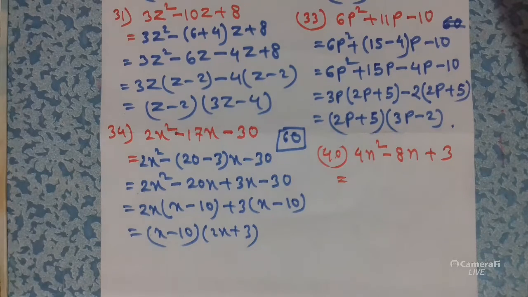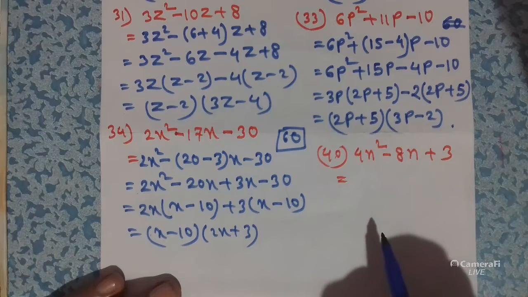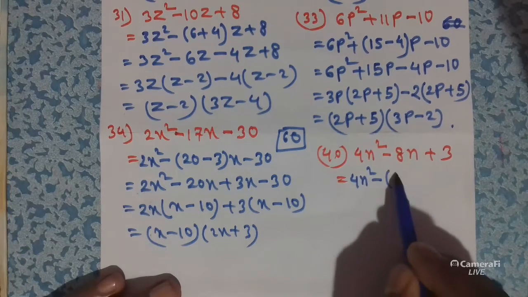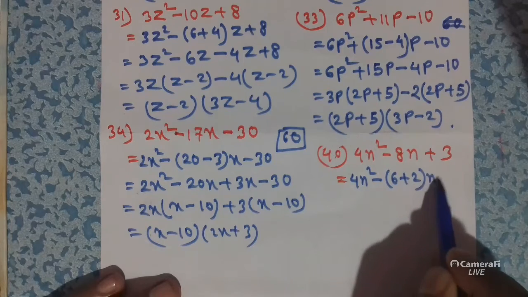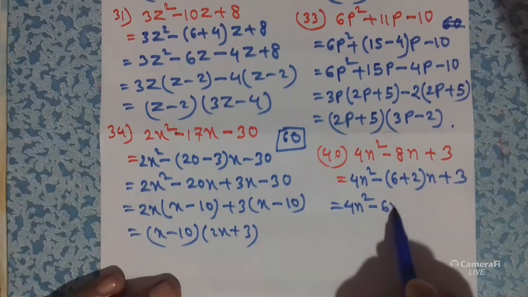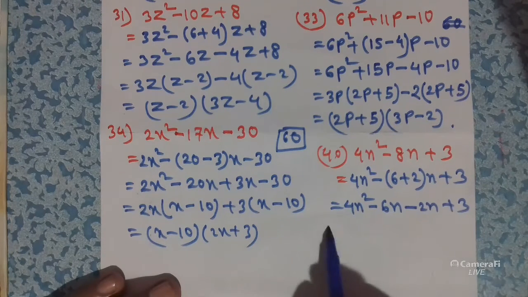If we take 6 multiply 2, then 6 multiply 2 is 12 and 6 plus 2 is 8. So here 4n square minus (6 plus 2)n plus 3. Now remove this bracket. It will be 4n square minus 6n minus 2n plus 3.